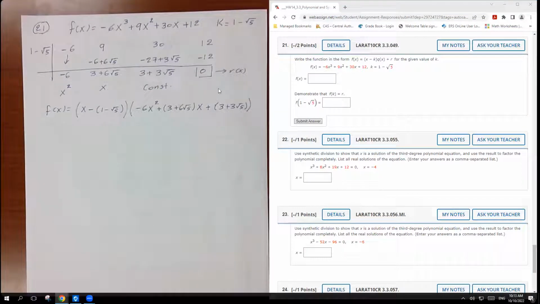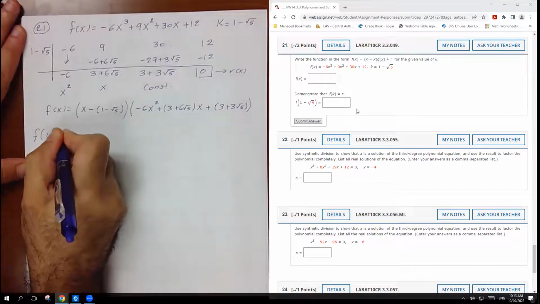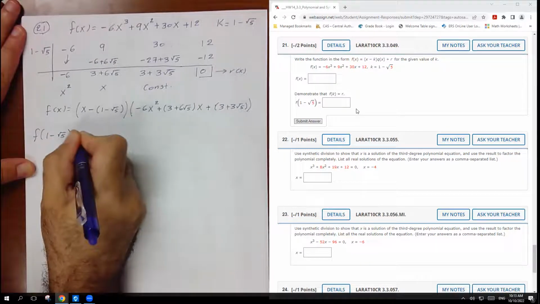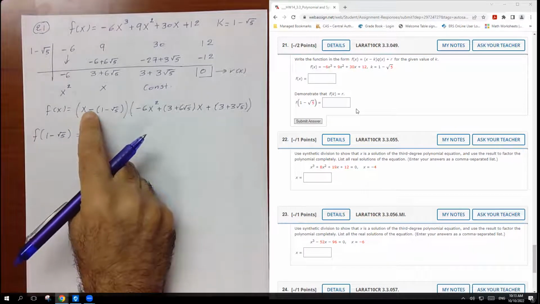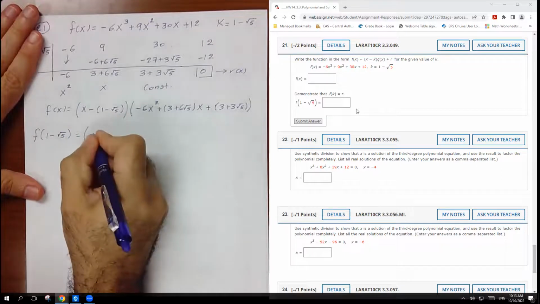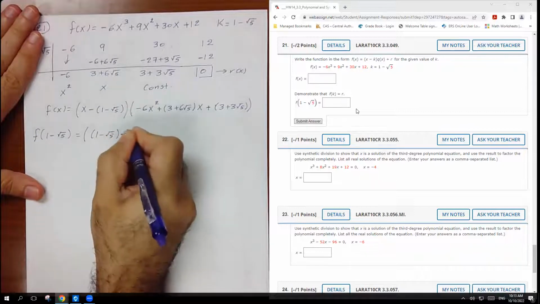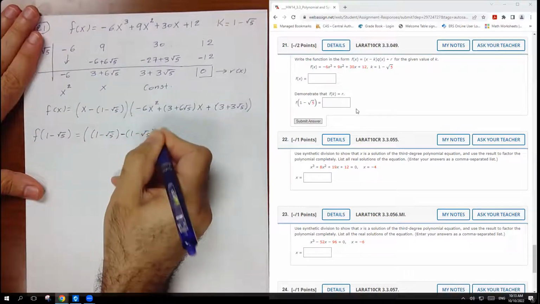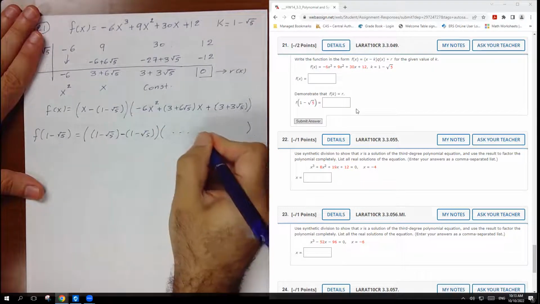The second part from this example, they ask us to find f of 1 minus the square root of 5. That means f of 1 minus square root of 5 is going to be equal. You see, you're going to plug in 1 minus the square root of 5 here, and x minus 1 minus the square root of 5 here is going to be 0. So it's going to be 1 minus square root of 5 minus 1 minus square root of 5, and keep going with the rest here.